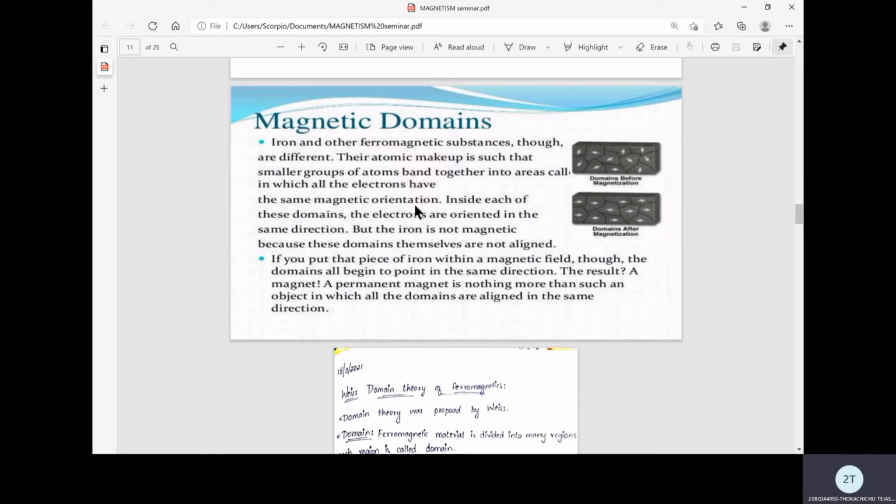That is, they have the same magnetic orientation. That is, in each of these domains, the electrons are oriented in the same direction. But it's not the case in iron when there is no external magnetic field. But on the application of an external magnetic field, all these magnetic dipoles, that is magnetic moments, will move from random positions to a straight alignment.